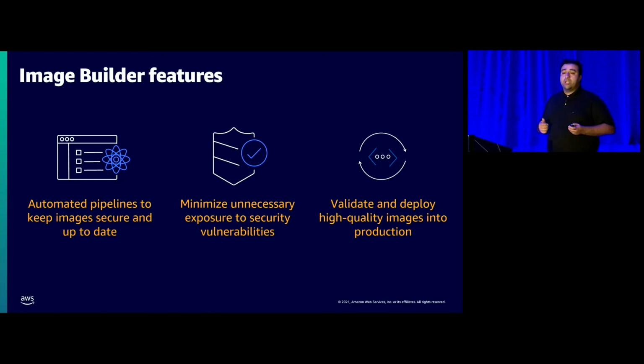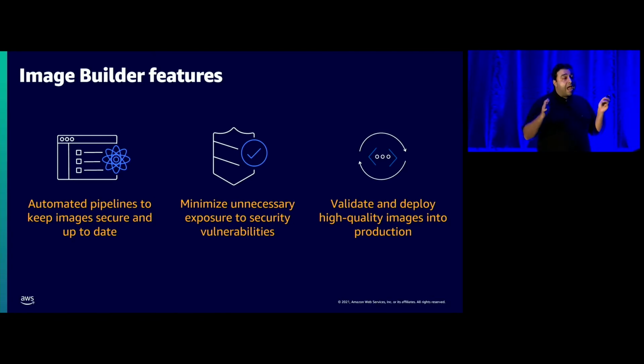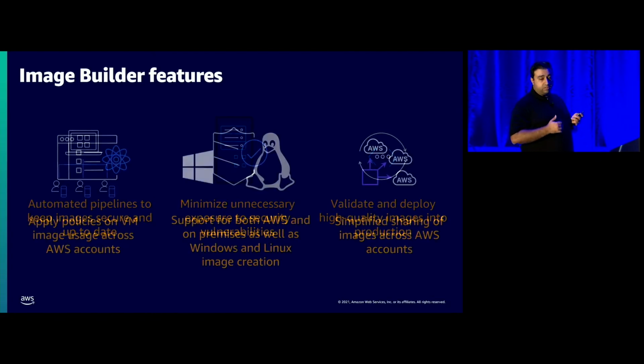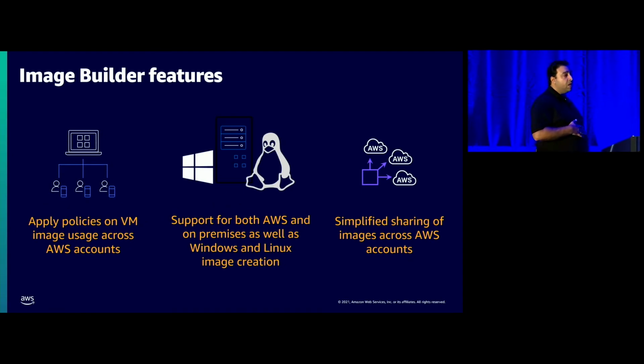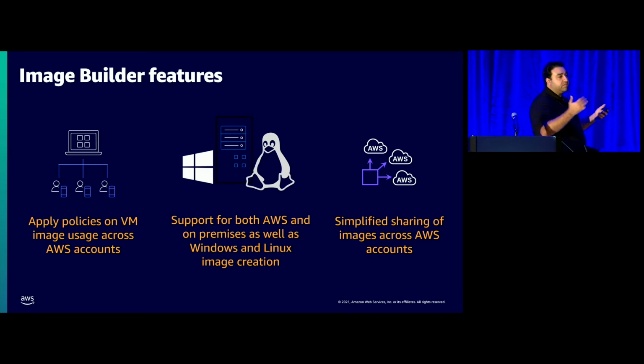We let you create automated pipelines as part of Image Builder, and minimize unnecessary security exposure because everything is automated, and we have validation routines built into Image Builder as well. It works cross-premises, it works for both Windows and Linux images, and because it's part of AWS, you get those audit and control capabilities that you get as part of AWS Organizations. You can limit access, you can audit access, and have all those feature sets in Image Builder.